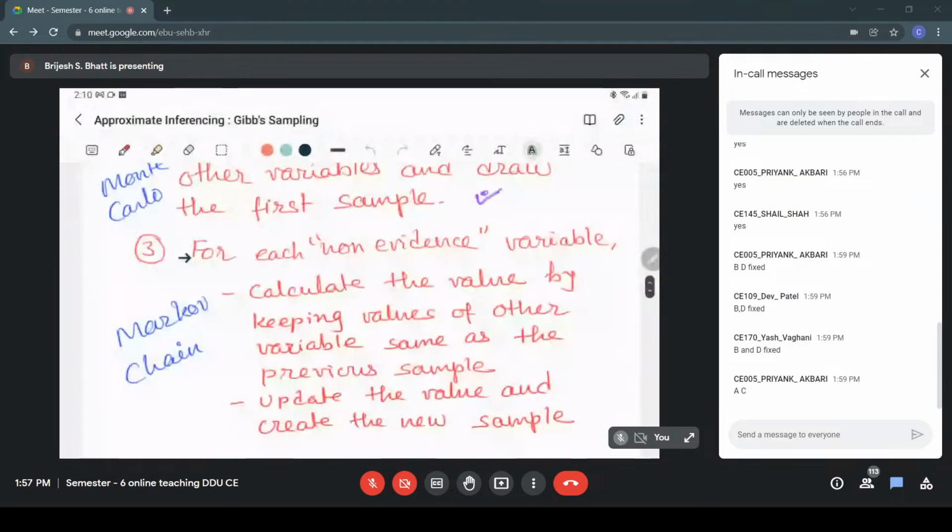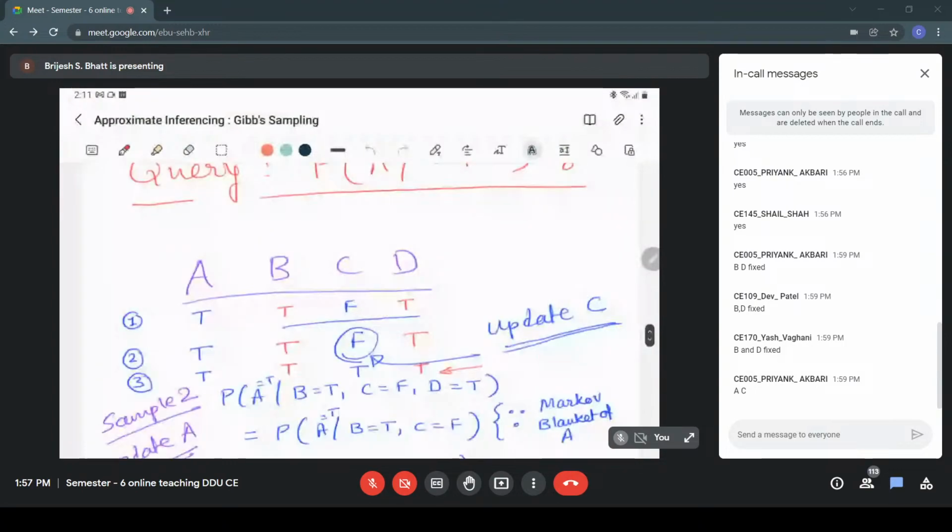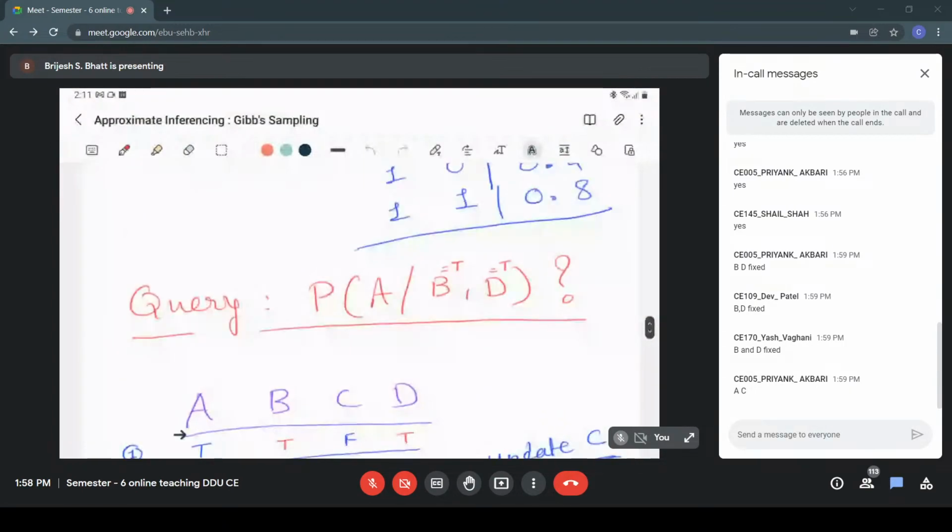The next step is, for each non-evidence variable, calculate the value by keeping values of other variables same as the previous sample. Update the value and create new sample. So here, the statement says that we want to do it for each non-evidence variable, that is A and C. In which order we should take A and C?